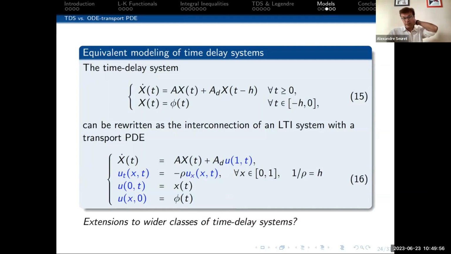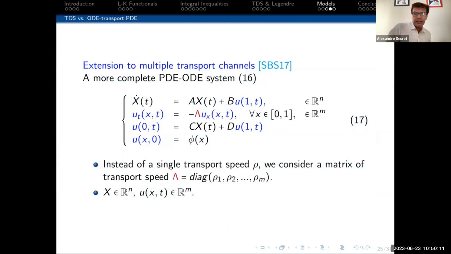So the question was to understand if we can use this model to expand in a very simple way what I presented before to several classes of time delay system. And actually, we consider in this case a case of multiple channels. So in this case, we have a transport equation which is composed of m elements.